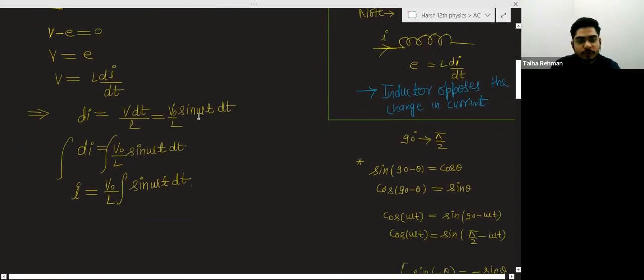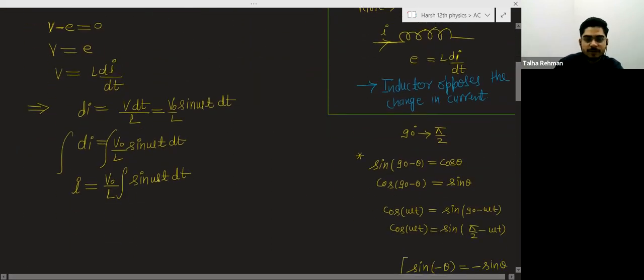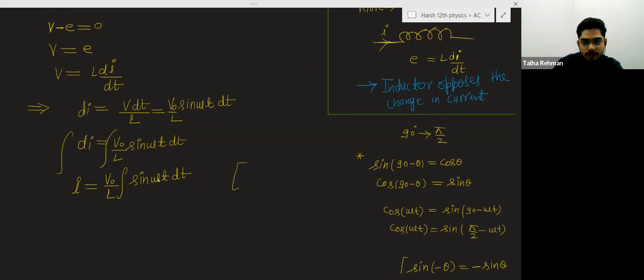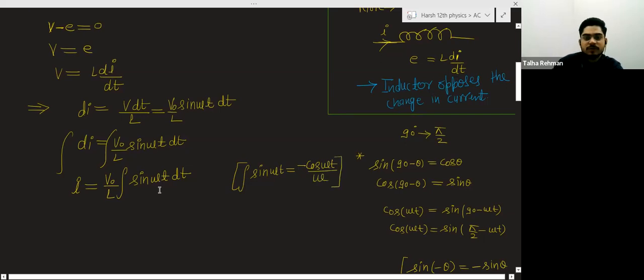Do you know what is the integration of sine omega t? The integration of sine omega t is equal to minus cos omega t divided by omega.